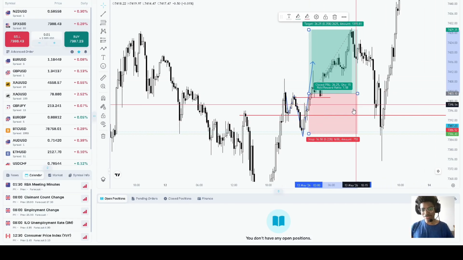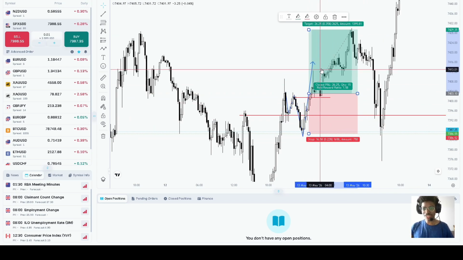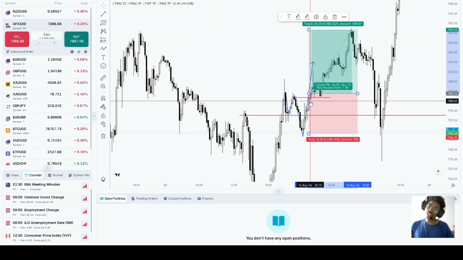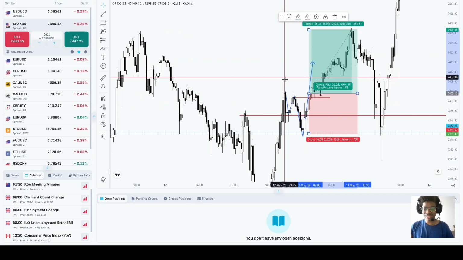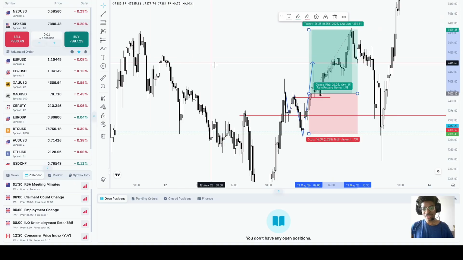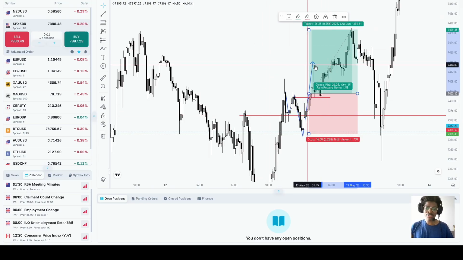Risk to reward management. If you see that you are entering a trade like this, it is 1 to 5.8 risk to reward. Guys, please bear with me. When you want to risk $100 on this trade, this is very important: instead of opening one trade, open two.